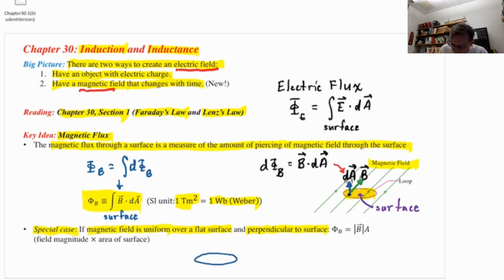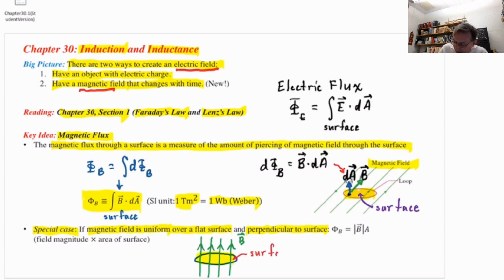There's a loop. And now let me shade in the area that's inside. Okay, there's the area. So that's the surface, I should say. The surface is flat. And then I have magnetic field lines piercing, uniformly spaced, and perpendicular to the surface. So that represents B, and this represents the surface.